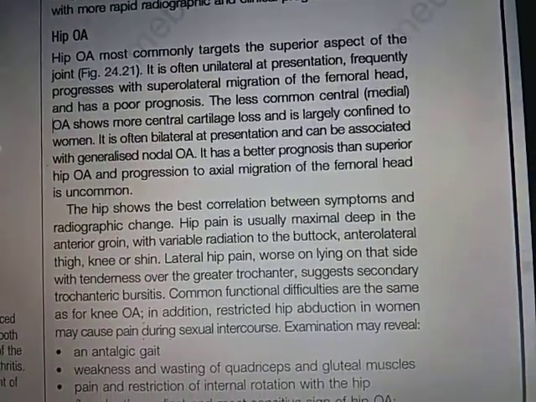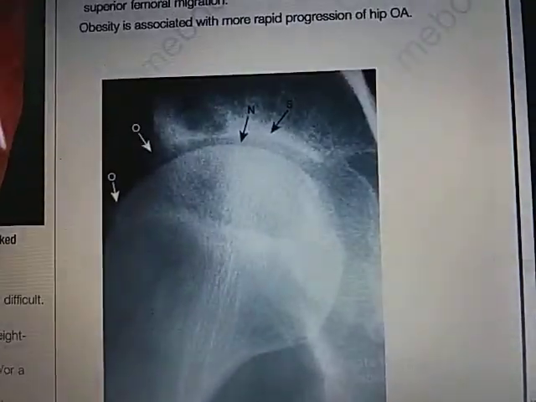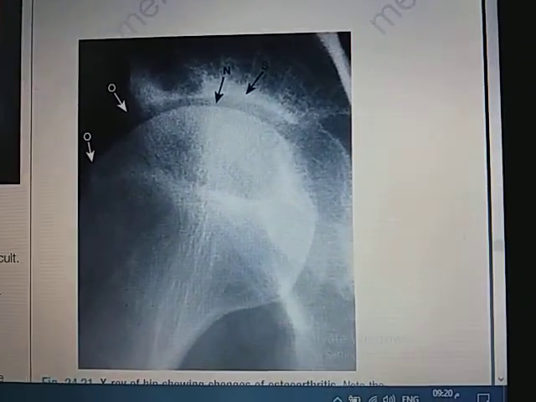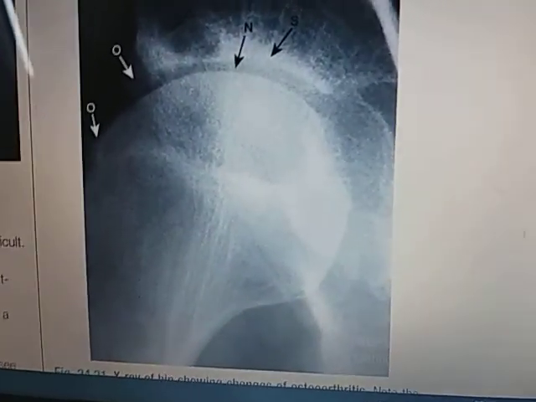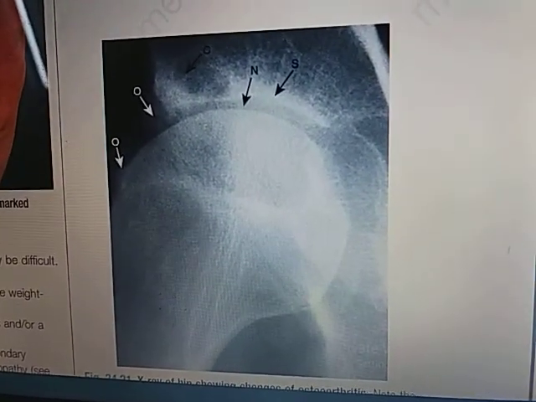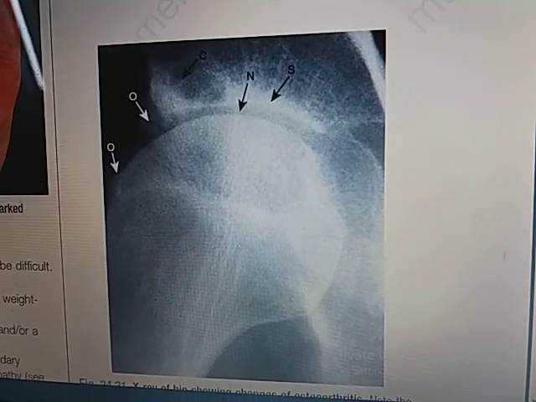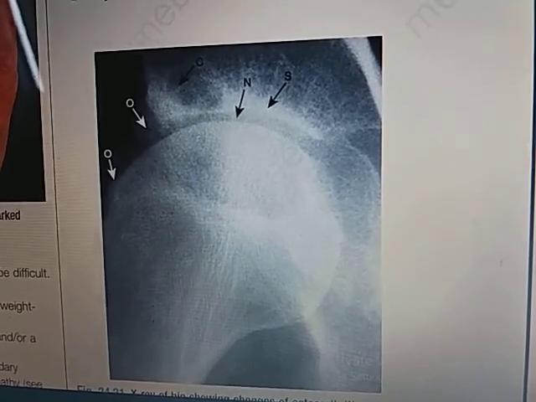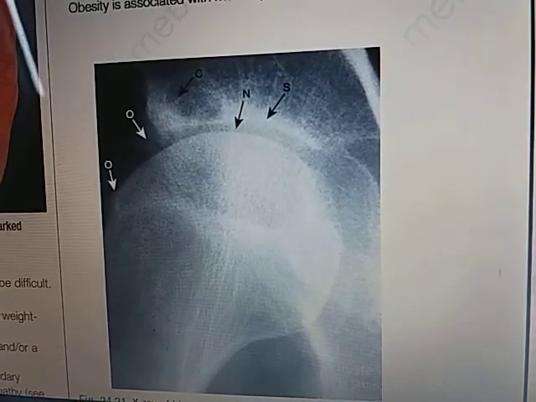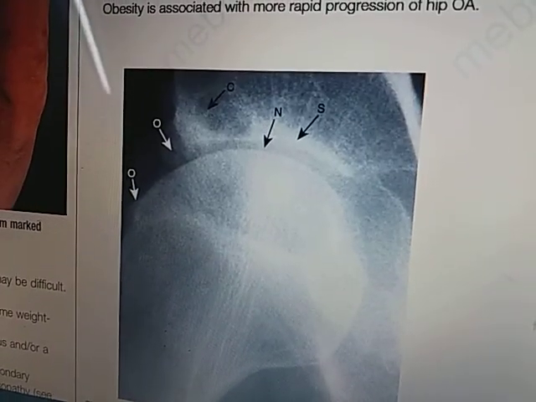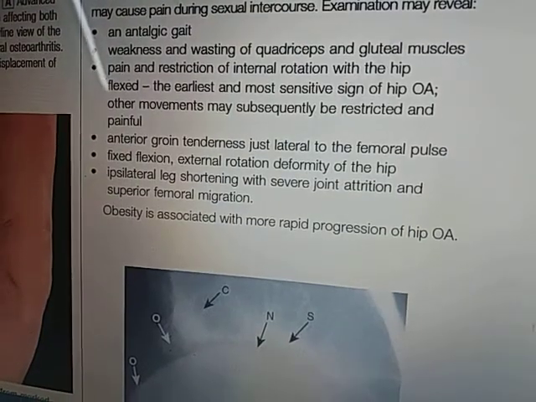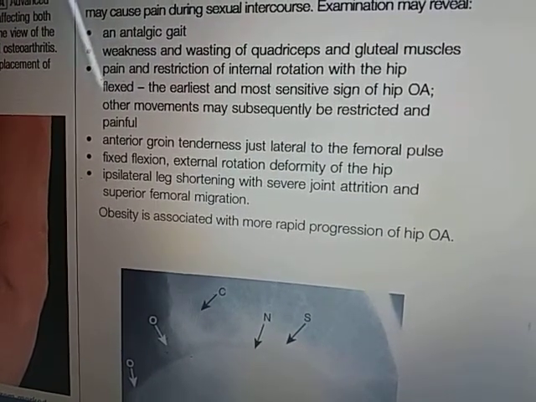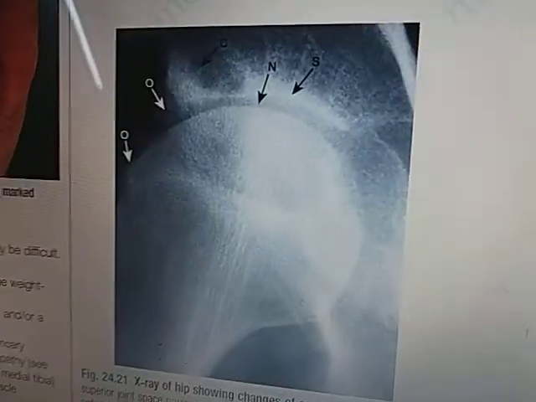So, in such a condition, there will be pain. Pain is on weight bearing, on walking. There will be bony joint swelling.